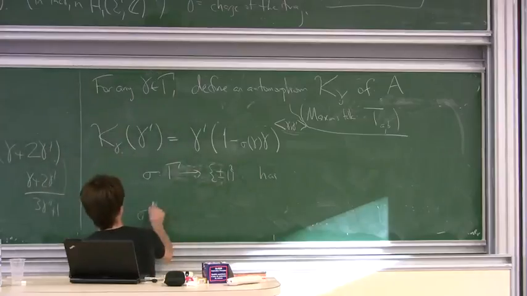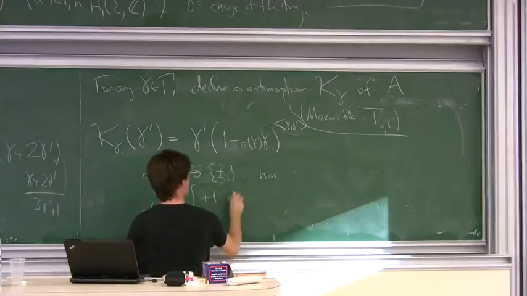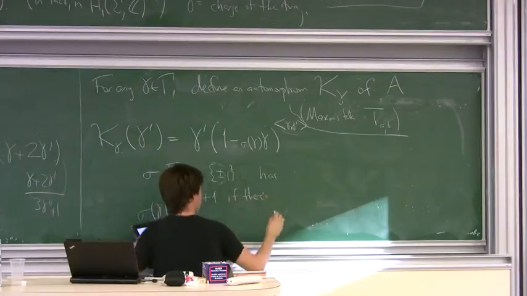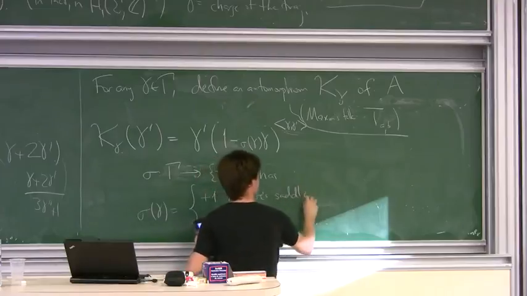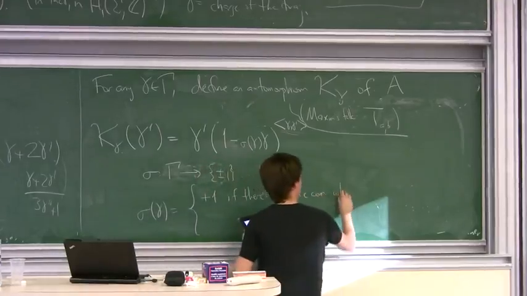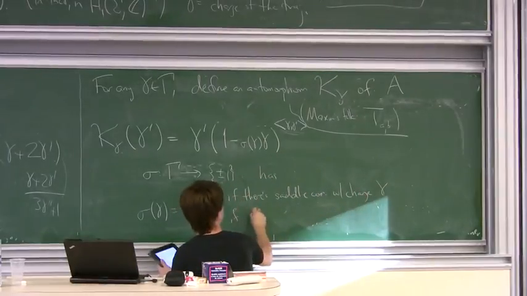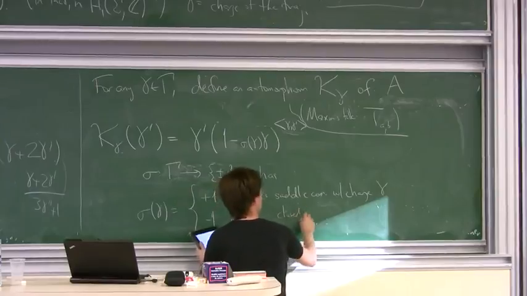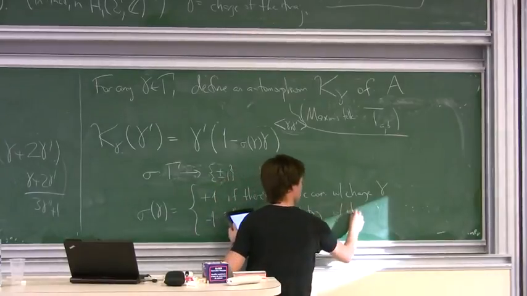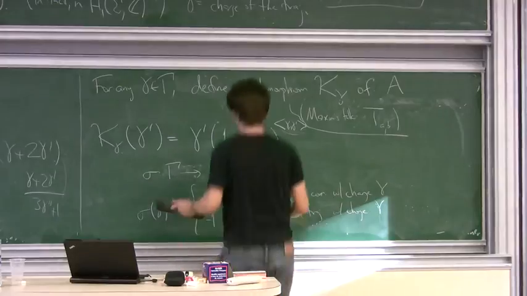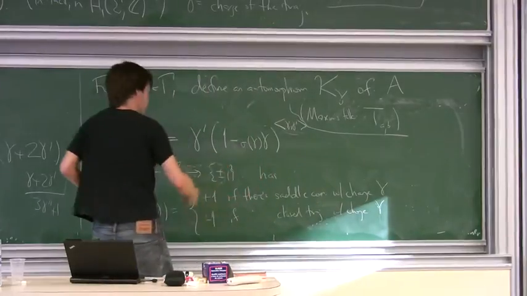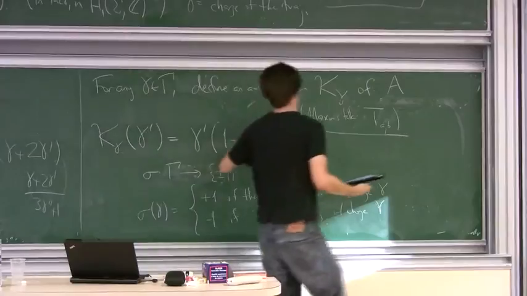It has the property that sigma of gamma is plus 1 if there's a saddle connection with charge gamma, and it's minus 1 if there's a closed trajectory with charge gamma. Okay, this thing isn't a big deal. When first encountering this story, you shouldn't worry too much about this sign.